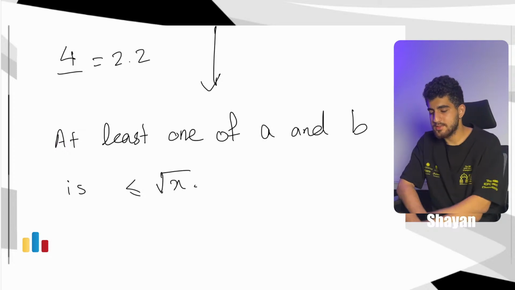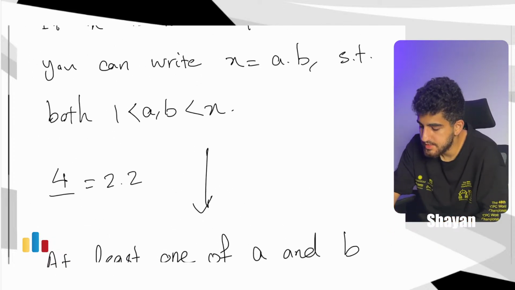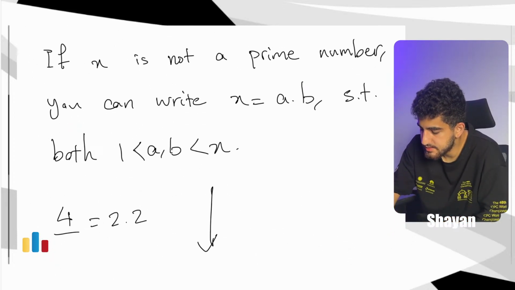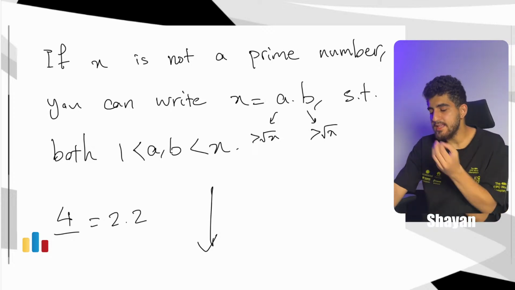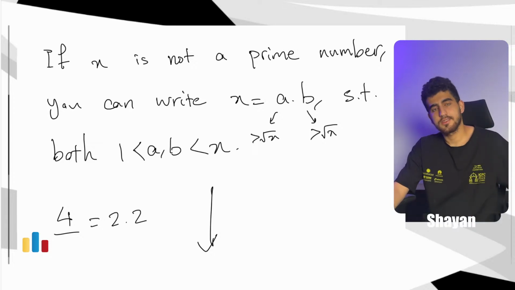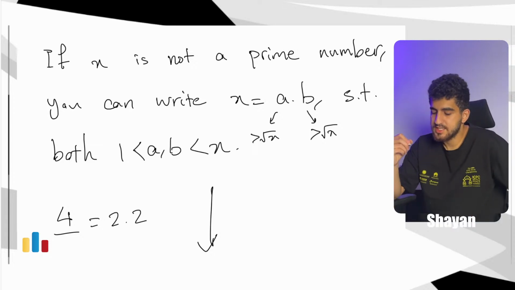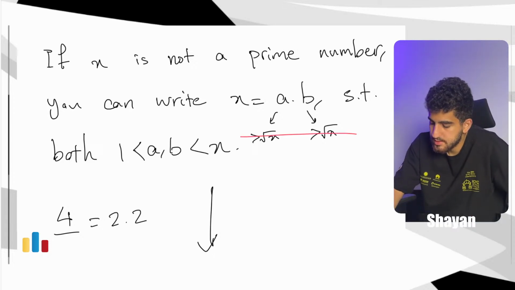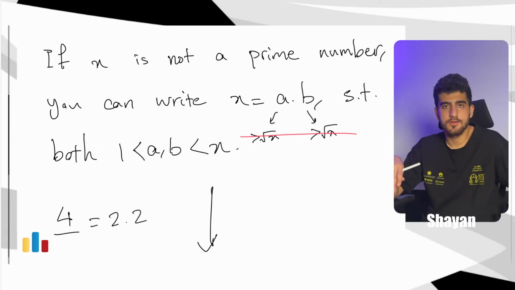Because if a is greater than the square root of x and b is greater than the square root of x, then a times b is going to be greater than x, which is a contradiction. So this won't happen. At least one of them is less than or equal to the square root of x.